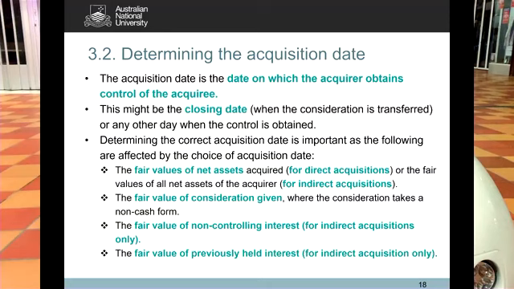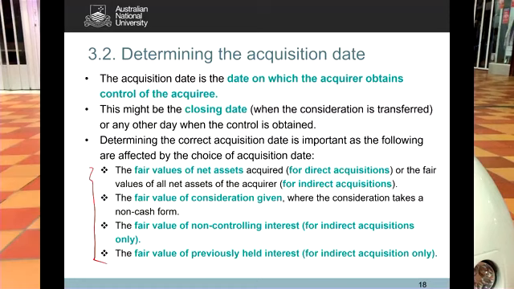So the fair values we need to determine are included here. We need to determine the fair value of net assets. Basically that could be the assets and liabilities, right? And we need to determine the fair value from the acquirer's part. That will be the consideration given. And from the acquiree, the whole assets and liabilities may not fully belong to the acquirer if they don't obtain 100% of the shares.